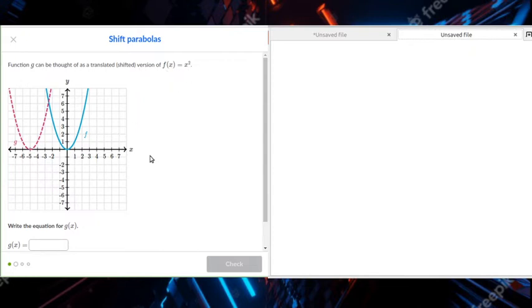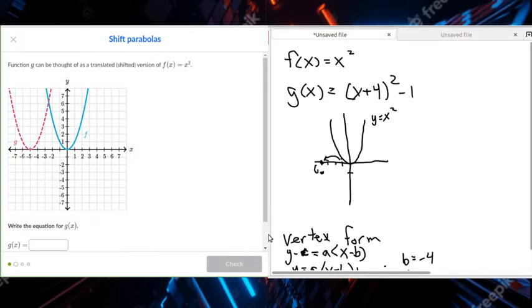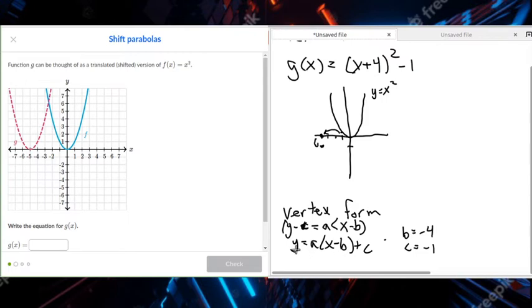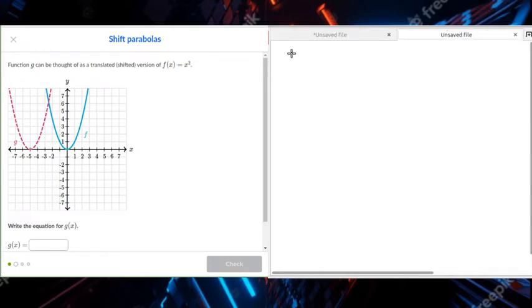And we know that vertex form is going to look like this: y equals a times (x minus b) squared plus c, where b is moving in a positive direction on the x-axis, and c is moving in a positive direction on the y-axis.